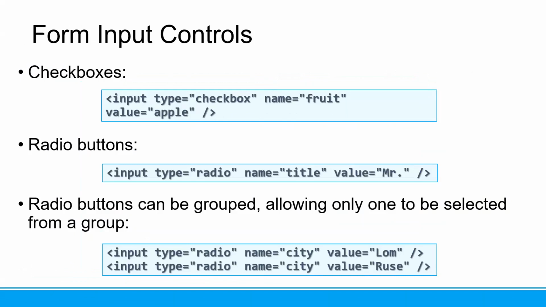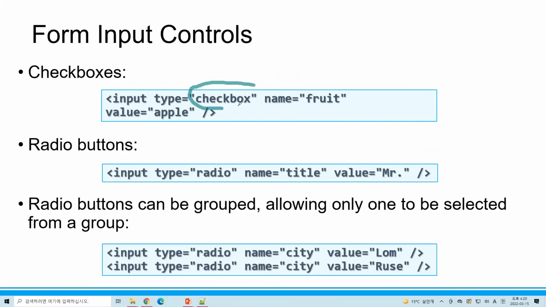For example, a checkbox. In the checkbox, you can check it if it is true, or you can uncheck it if it is false. You can define the name, and you can define the value, or this is the initial value.